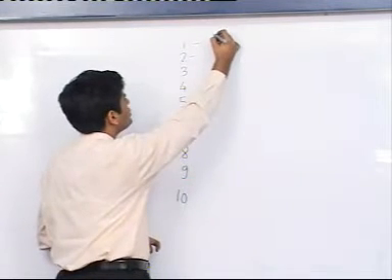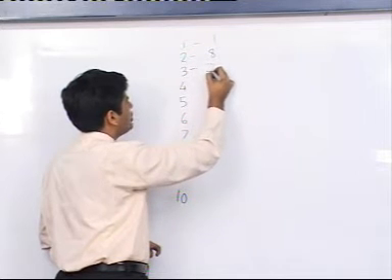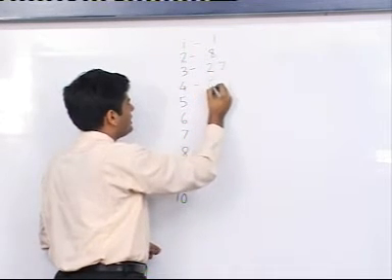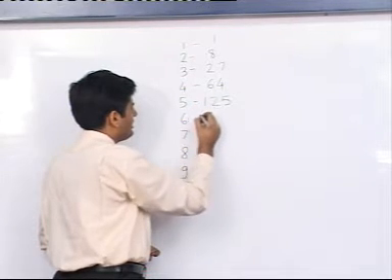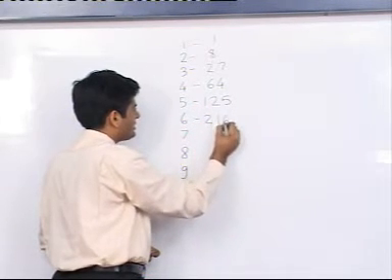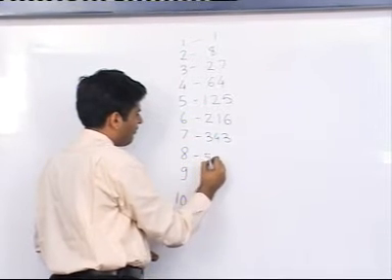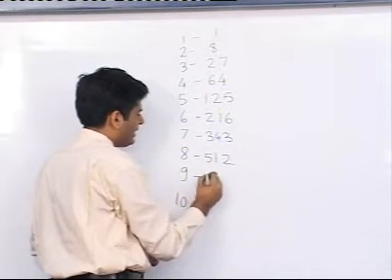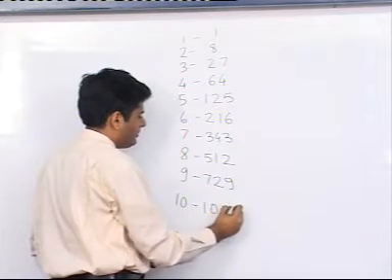The cube of 1 is 1, 2 is 8, 3 will be 27, 4 is 64, 5 is 125, 6 is 216, 7 is 343, 8 is 512, 9 is 729, 10 is 1000.